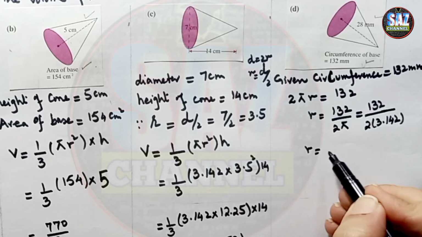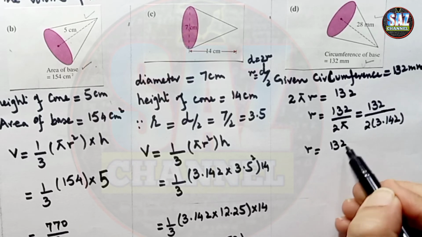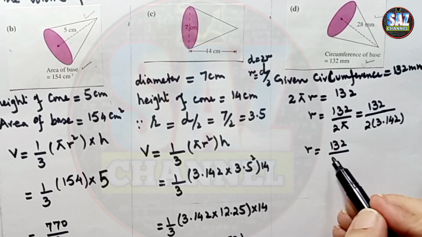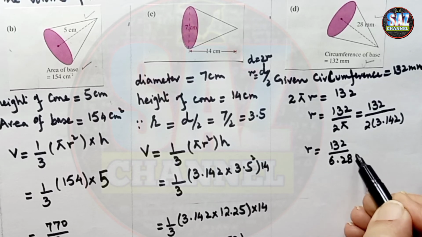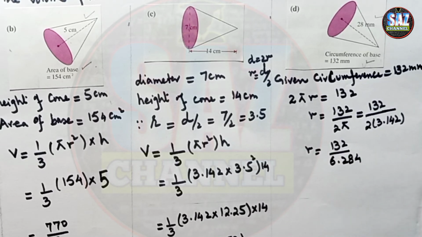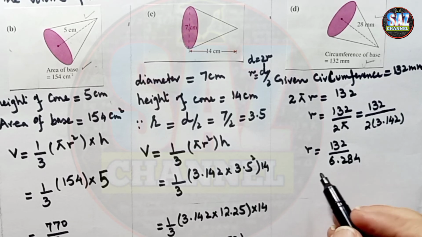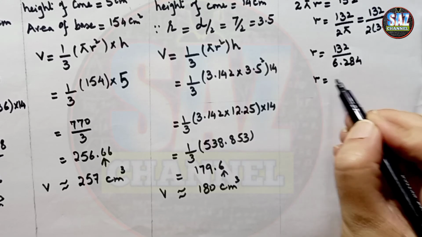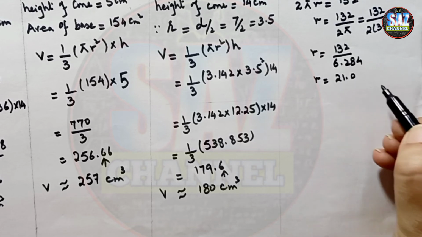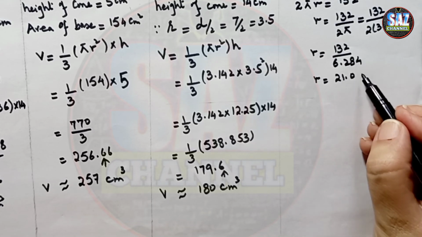Radius is 132 upon 6.284. I have to divide 132 by 6.284, and this gives me a radius of 21.0. Radius equals 21.0. Now we have the value of the radius with us.